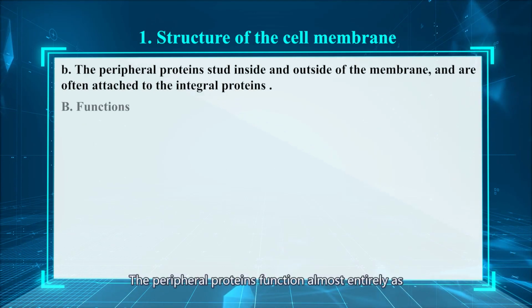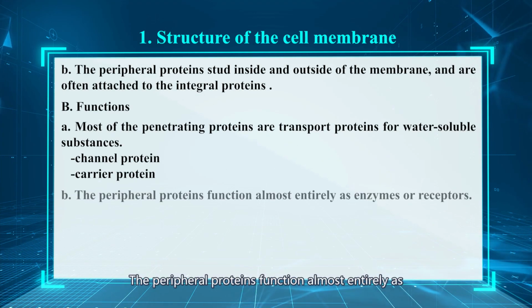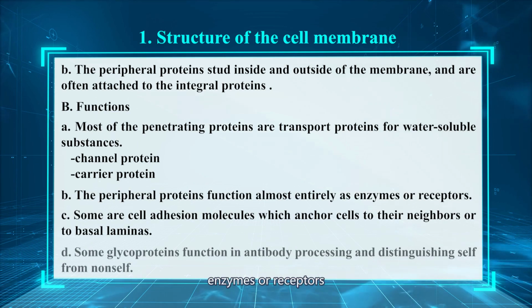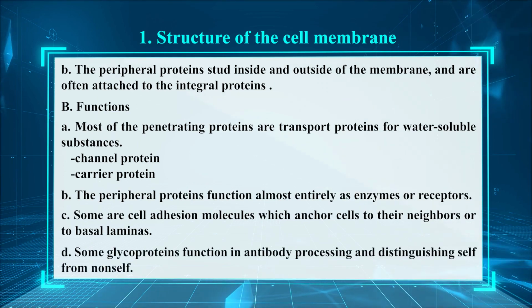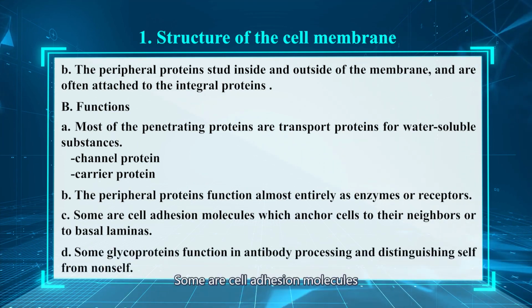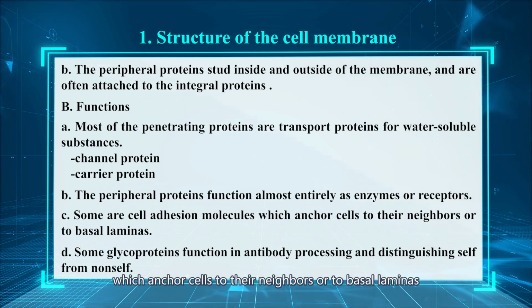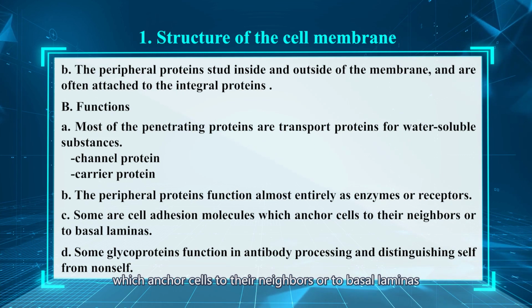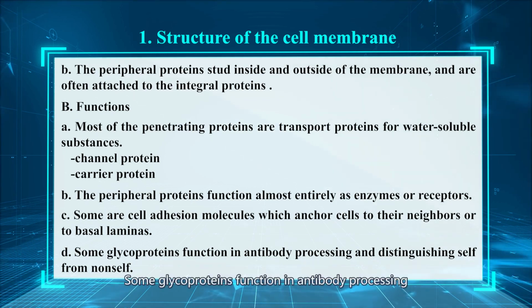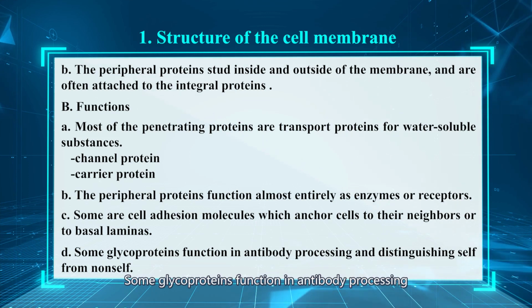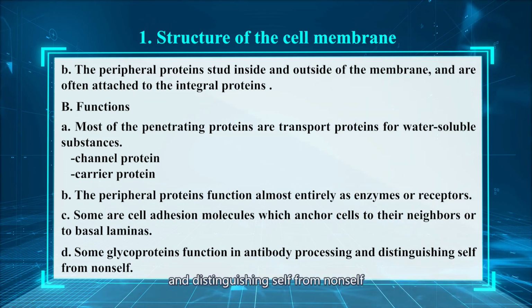The peripheral proteins function almost entirely as enzymes and receptors. Some are cell-adhesion molecules, which anchor cells to their neighbors or to basal laminae. Some glycoproteins function in antibody processes and in distinguishing self from non-self.